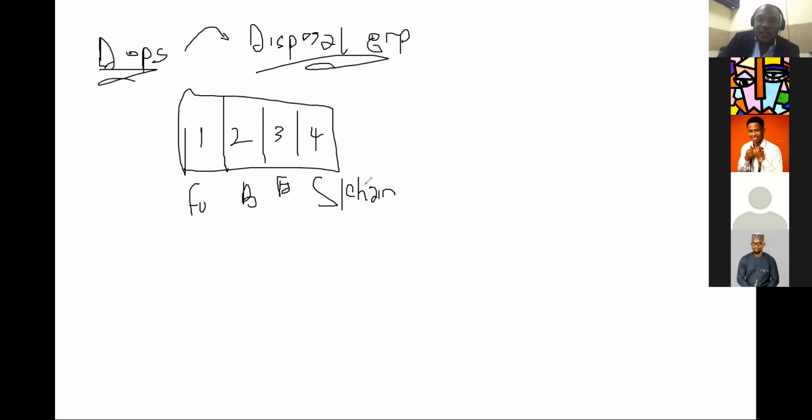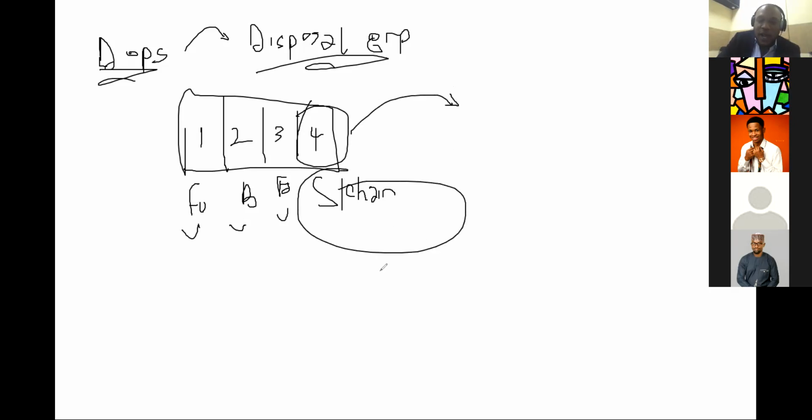Now, we can decide that furniture, books, and farming are the activities we want to continue, but we want to dispose of the supermarket chain. In that case, the supermarket chain will have assets and liabilities. It will have non-current assets, maybe a building, some furniture, plant and equipment, and inventory.